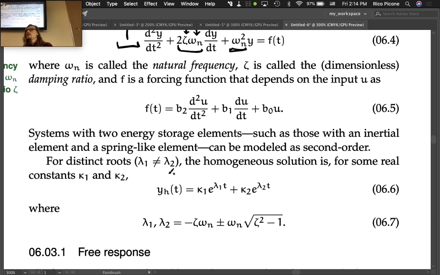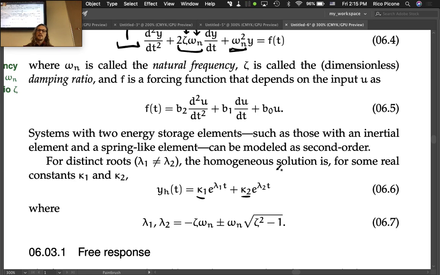You're going to have two solutions because it's the second order polynomial that emerges as your characteristic equation. As long as they're not equal to each other, the homogeneous solution for constants kappa 1 and kappa 2 is just the summation of kappa 1 e to the first root t plus kappa 2 e to the second root t.